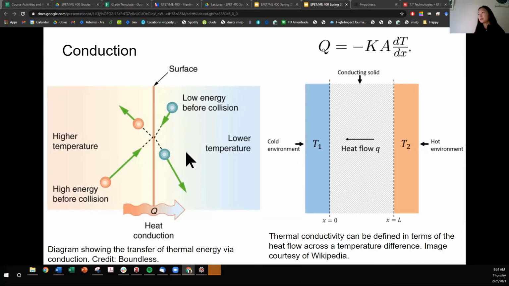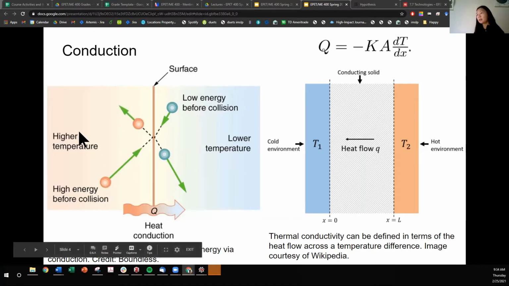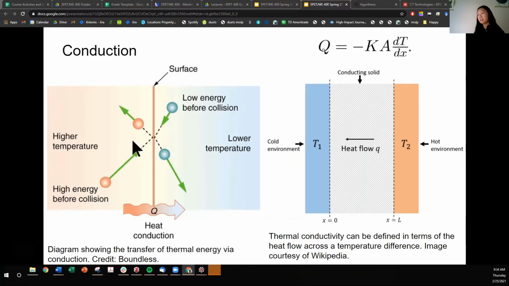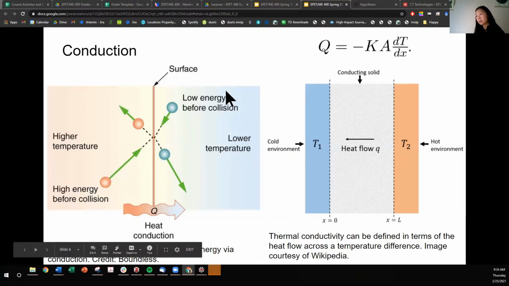So you can take that concept, and if you have 2 bulk materials of differing temperature, say, this higher temperature material in contact with a lower temperature material, the particles will transfer energy at the boundary. When that energy is transferred through a boundary, it's called heat conduction. And so you'll see this symbol here, Q, which stands for the amount of heat or energy that is being transferred across that boundary.